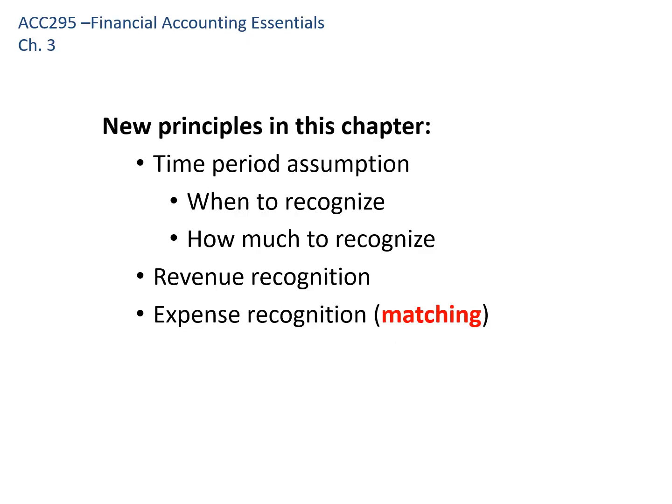So some new principles in this chapter that we haven't talked about in the first two chapters is, one, the time period assumption. So if you wanted to absolutely accurately tell the story of what happened in a business, you would look at the condition of the company on day one, and you would look at the condition of the company on its last day in business, and you would say, this is how they did, right?